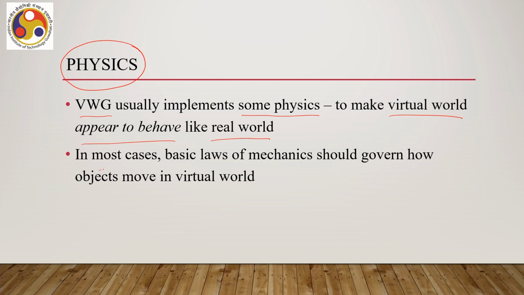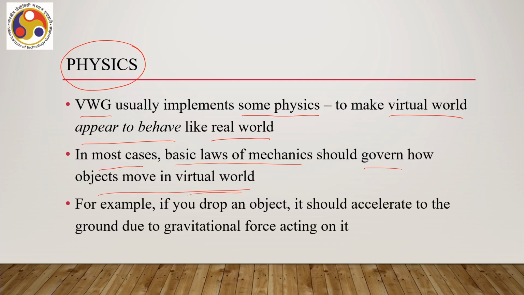In most of the cases, basic laws of mechanics should govern how objects move in the virtual world. So, support for basic laws should be good enough. Advanced laws support makes things more realistic, which sometimes may be desirable. For example, if you drop an object, what kind of things you are likely to see?